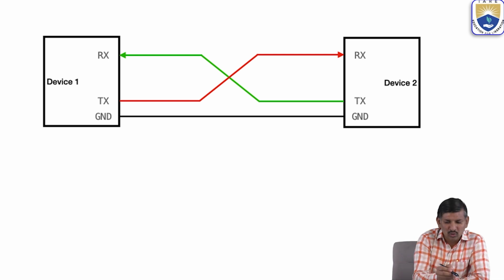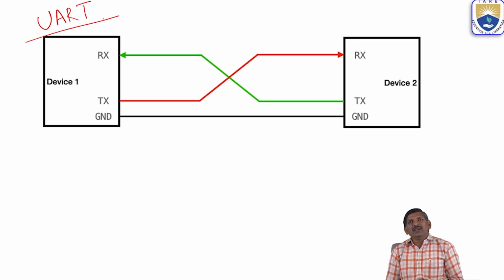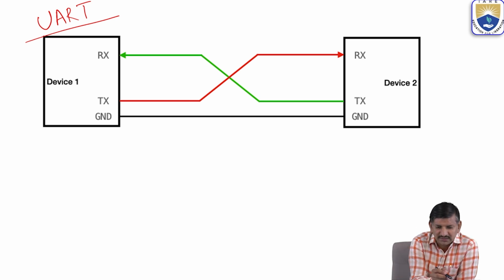Next, UART, Universal Asynchronous Receiver and Transmitter. Here it contains transmitting data and receiving data.